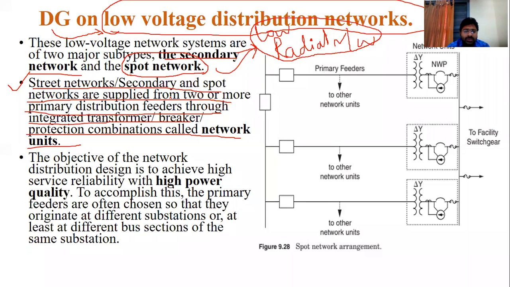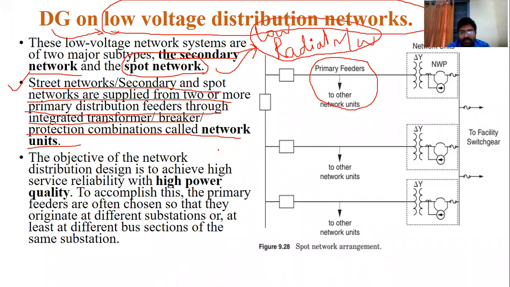Now see this, these two networks are formed by using different types of primary feeders like this, where these primary feeders are divided.